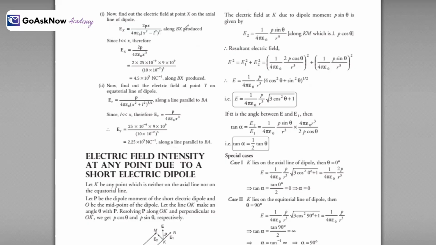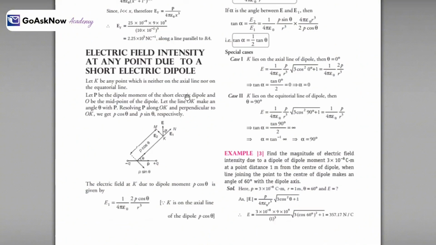The third case of electric field for a dipole is the intensity of electric field at any point due to a short electric dipole. Till now we have seen the electric field due to a dipole at an axial point, that is, on the axis joining the two charges.